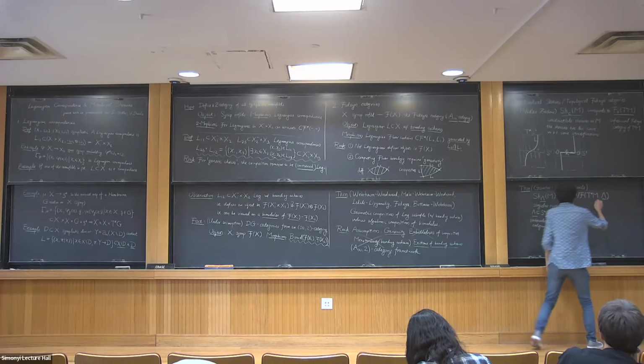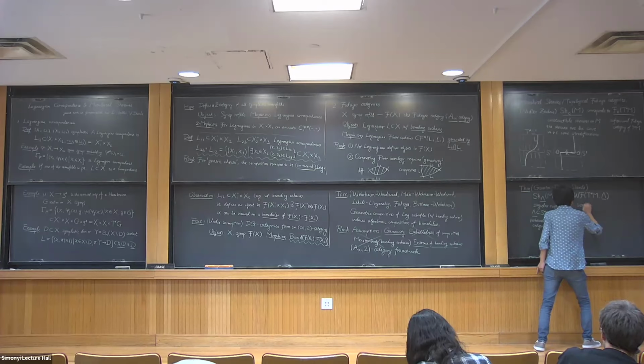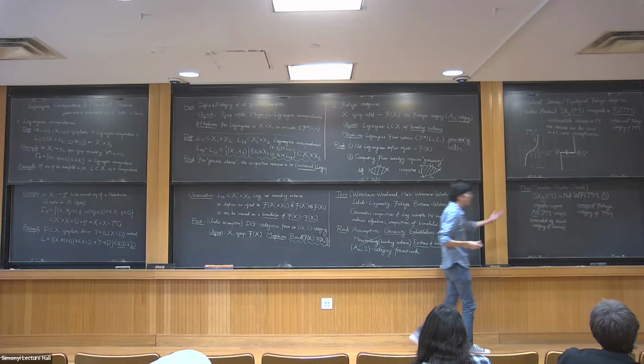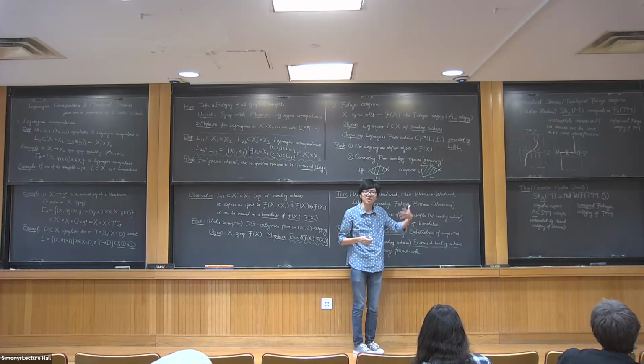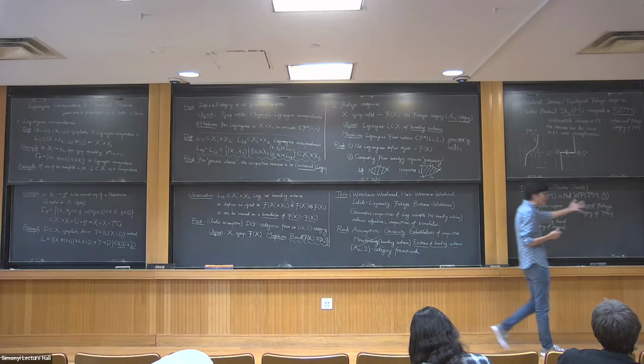On the right-hand side, I added the letter W, which means we're taking the wrapped Fukaya category of T star N. The word wrapped indicates that the Lagrangians we are allowed are no longer compact, so we need to do some Hamiltonian perturbation near infinity.